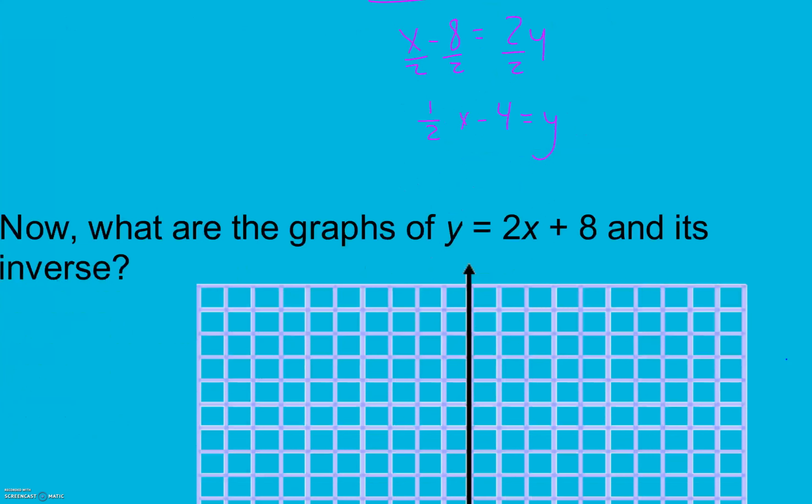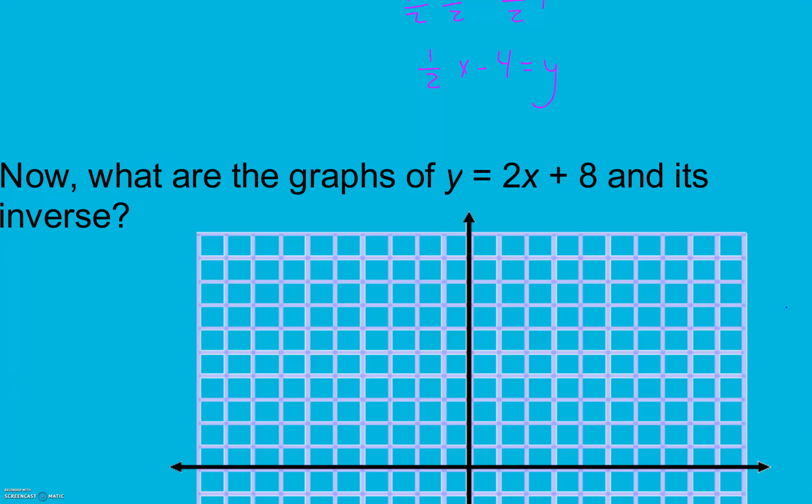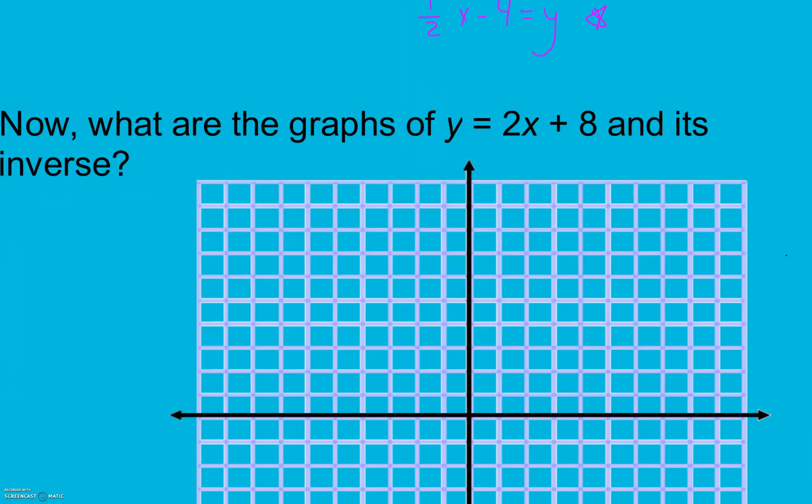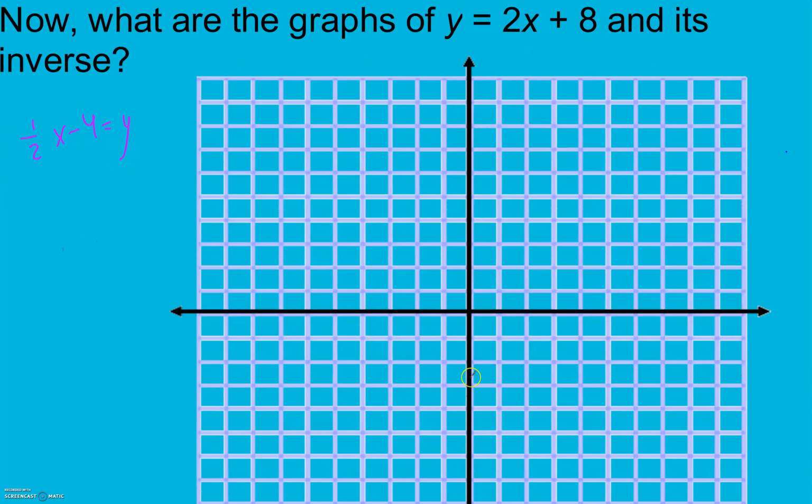Now, the graph of our functions here. I'm going to do my inverse first since I already have that color. I'm going to start at negative 4, my intercept. My slope is 1/2, so up 1 over 2, up 1 over 2, up 1 over 2. And then I'm going to connect those.